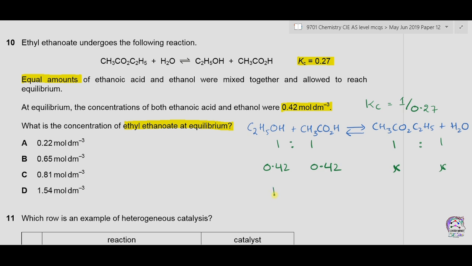Now according to the formula of Kc, Kc is equal to the concentration of product, which is CH3CO2C2H5 into H2O, divided by the concentration of reactants. We have C2H5OH and CH3CO2H.